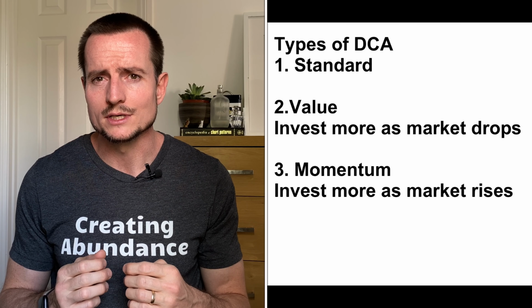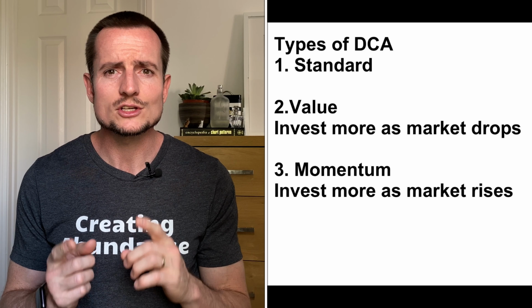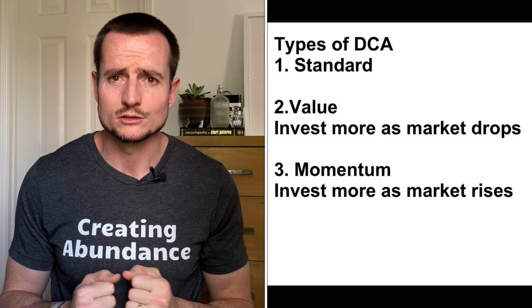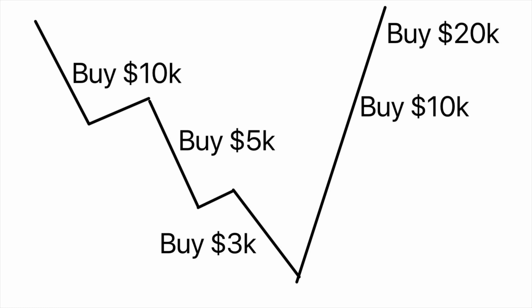The third method is momentum-based dollar cost averaging. And this is the complete opposite of value-based dollar cost averaging. In this case, what you do is when you see losses, you buy less and less. So if the price was $10, I buy 10,000 worth. The price is now $9, I buy 5,000 worth.